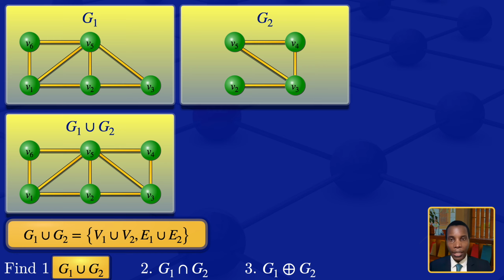So those are the edges that are in G1 or in G2, the union of the edges in G1 and G2. And that's the union of the graphs G1 and G2.